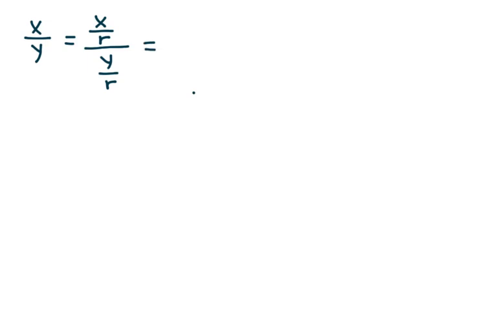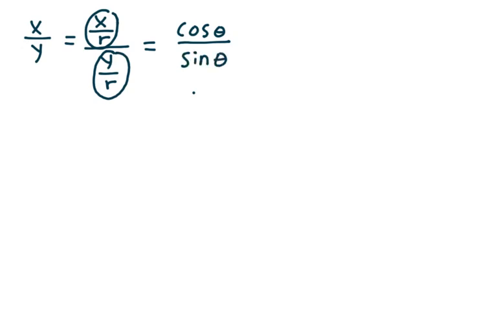Now, we know what x over r is. X over r is the same as cosine theta. I'm circling that on purpose because I'm trying to get you to focus on x over r. Now, y over r is the same as sine theta. So it looks like x over y is equal to cosine theta divided by sine theta.